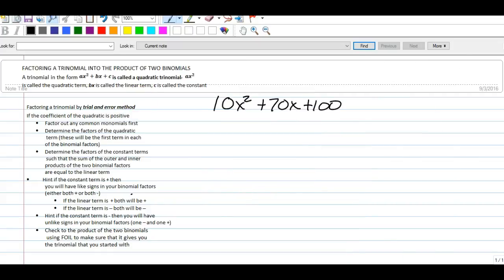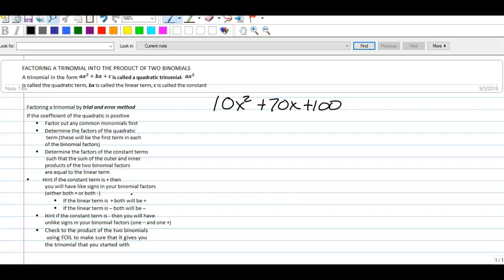Here we are factoring the trinomial 10x squared plus 70x plus 100. And if you think about the factors for 100: 1 and 100, 2 and 50, 4 and 25, 5 and 20, 10 and 10, etc. There are quite a number of factors here, so there's a number of possibilities that you need to consider.